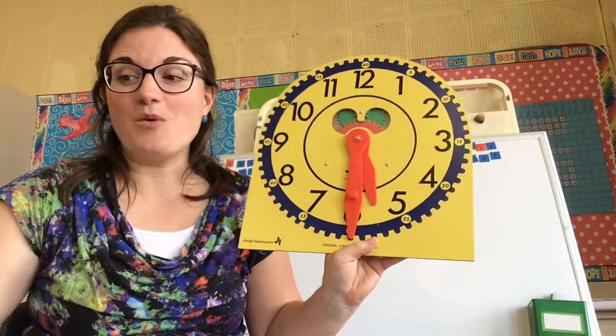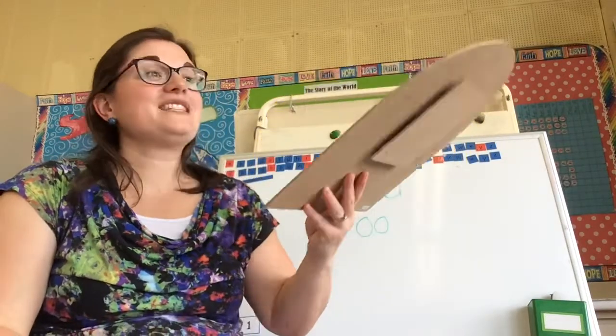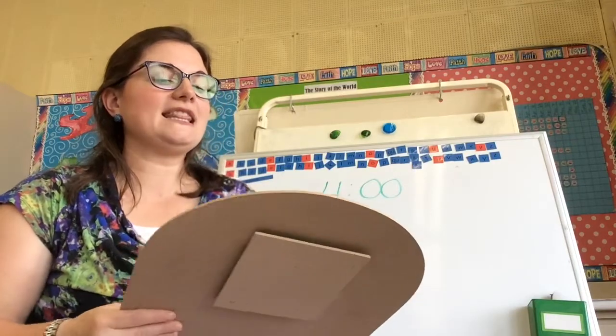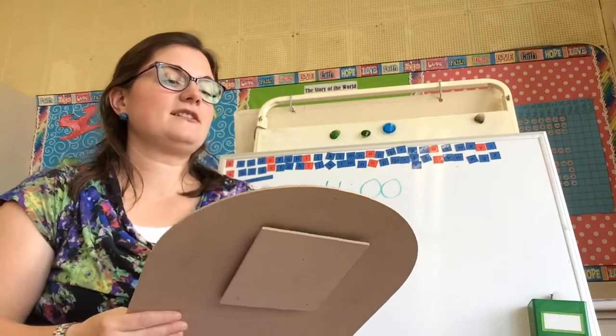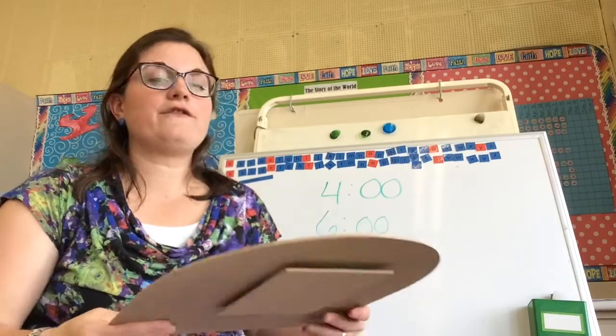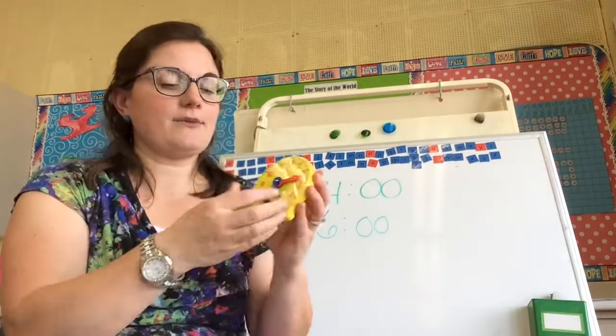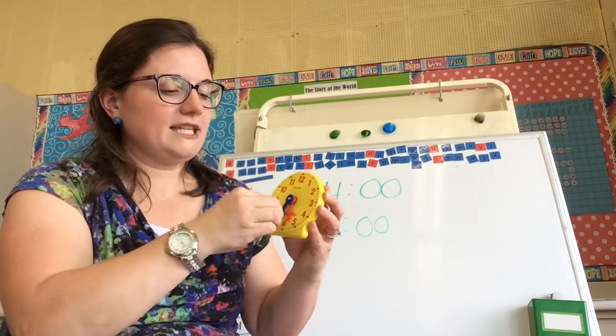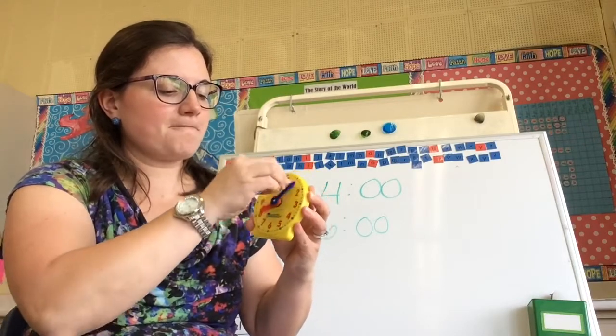Okay? Wow. Now, the next time that I would like you to set is for 11. Can you set your clock for 11? And you're going to use this one. So set your clock for 11. Keep going around till it's 11 o'clock.